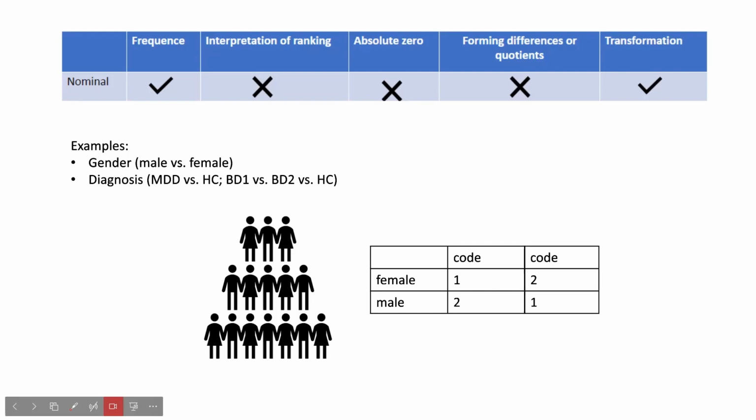We can also give the number 2 to the people who are female, and the number 1 to the people who are male. We can also give the number 10 to the people who are female, and the number 99 to the people who are male. The code is very arbitrary. We can give any number to these 2 categories.